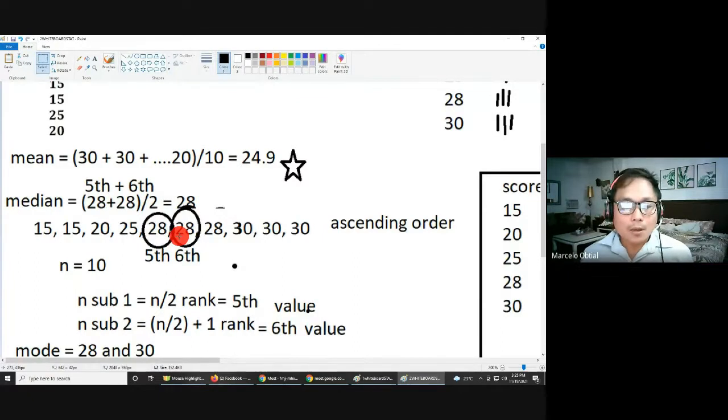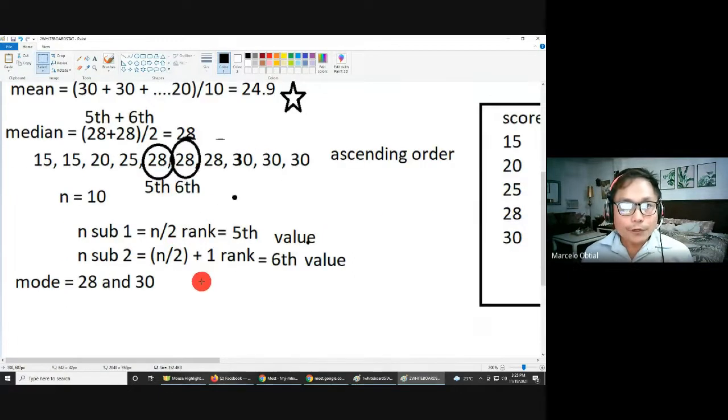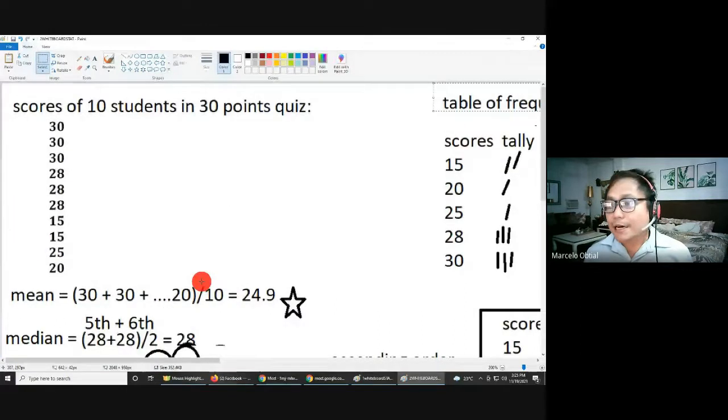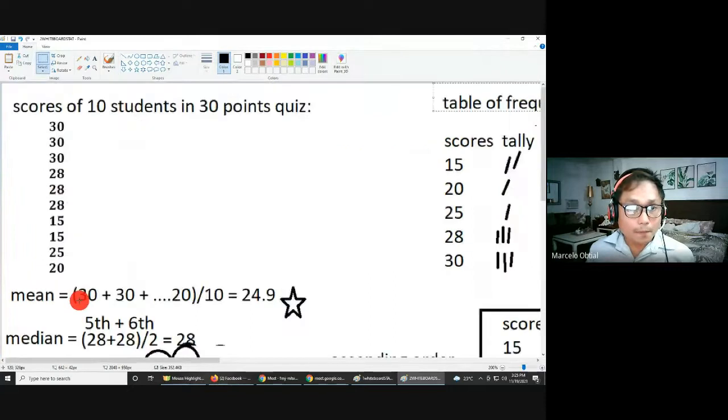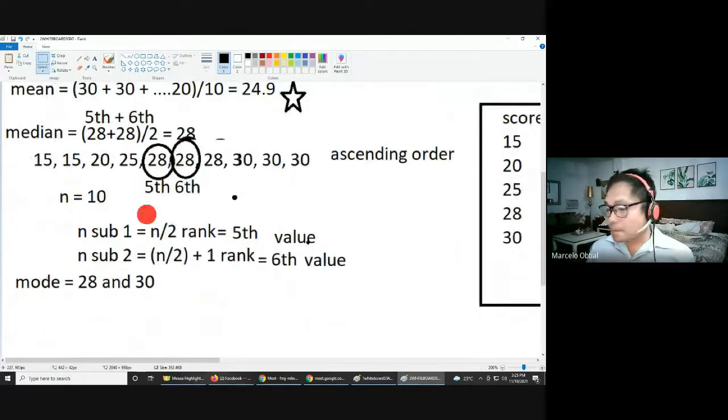Now next, for your mode, it is the value that appears most often in the series of data. In this case, there is a tie: 30 and 28 each appear thrice. The rest appear twice, and the other two appear once. So the answer for the mode is two values: 28 and 30. Clear?